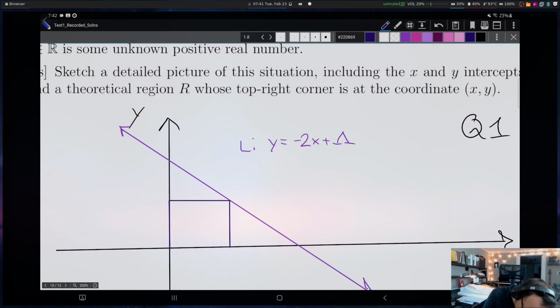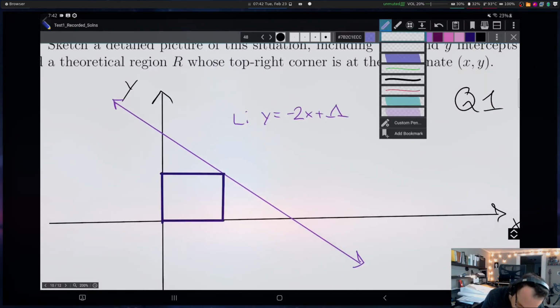So I'm getting some kind of box like this. Let me make this slightly bigger so it's more visible. So here's our theoretical box. The top right corner is on the line. The left-hand side is along x equals 0. The bottom is along the line y equals 0.